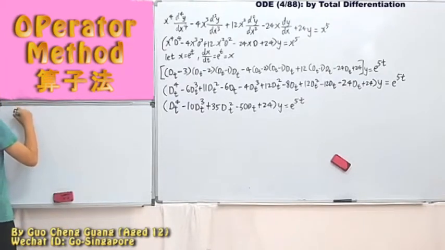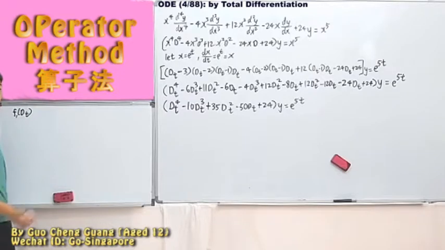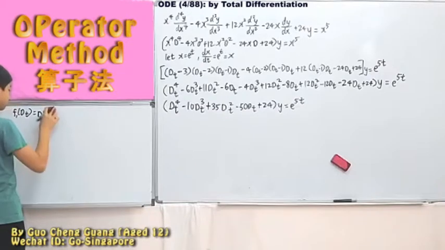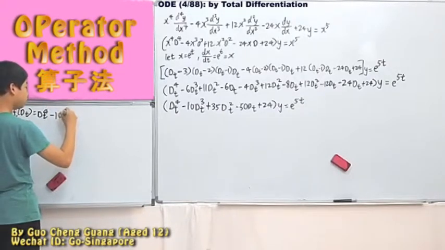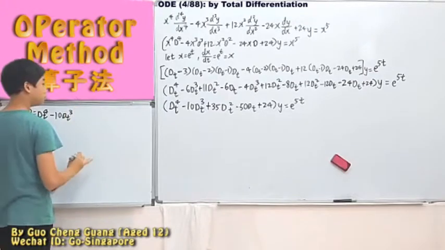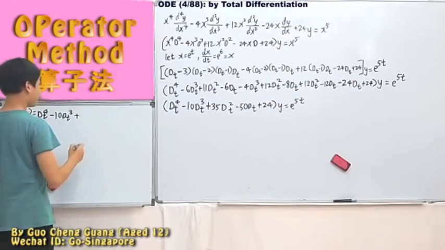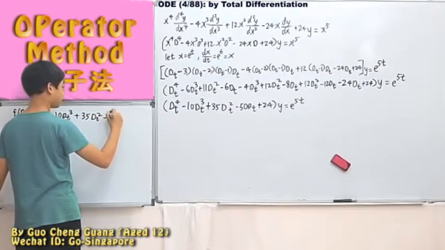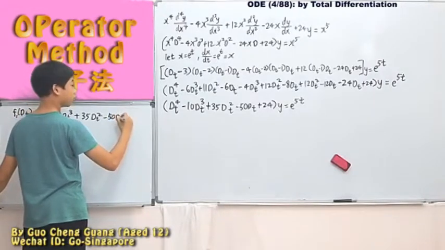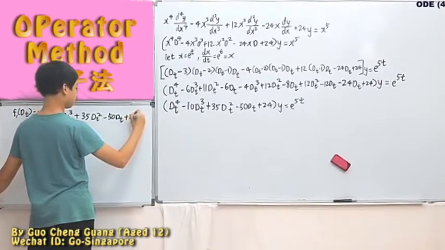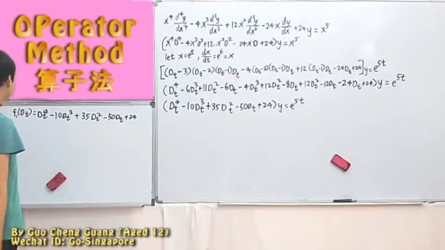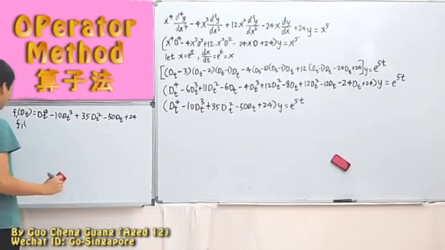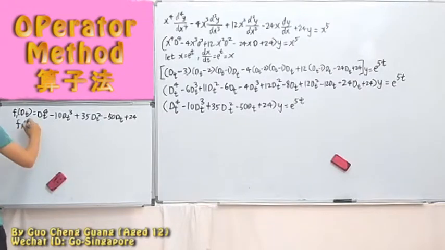Let's say f of dt is actually equal to dt to the power of 4, then you subtract 10 dt cubed, then you add 35 dt squared, then subtract 50 dt, and then add 24. Let's guess what if it is 1?